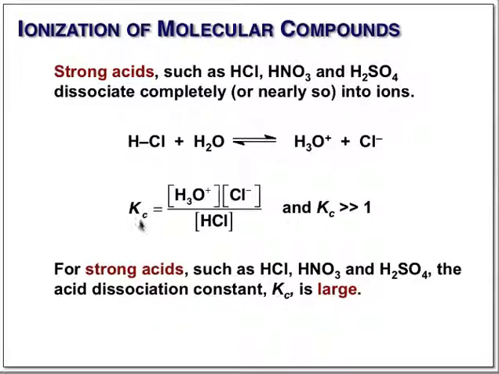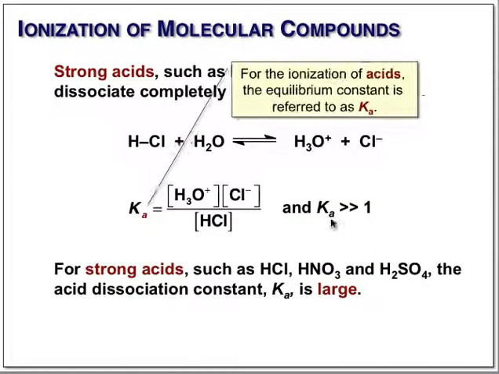That makes Kc here, based on concentrations, very, very large. For acid dissociation, we're going to change Kc to Ka, where A stands for acid dissociation. Now this is a strong acid. In a strong acid, Ka is very, very large.